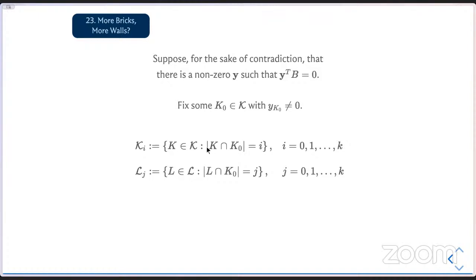And notice that all of these parts are actually going to be non-empty. Part of the reason is that K and L are both at most n by 2, so K plus L is going to be at most n.